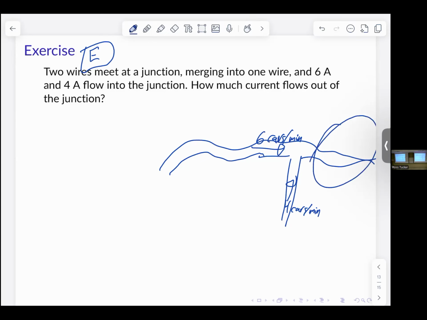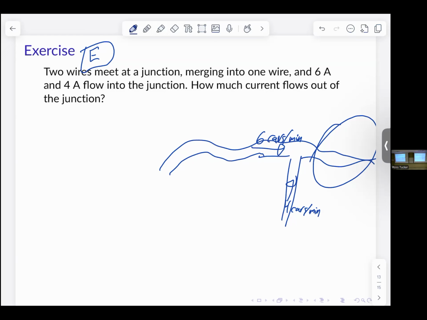How much traffic have we got on the third road? Go to jail, go directly to jail, do not pass go, do not collect $200, 10 cars per minute. Okay, I should say 10 cars exit the junction.